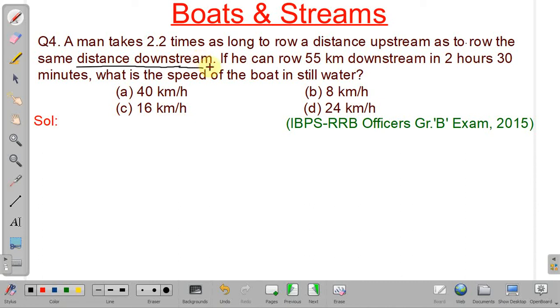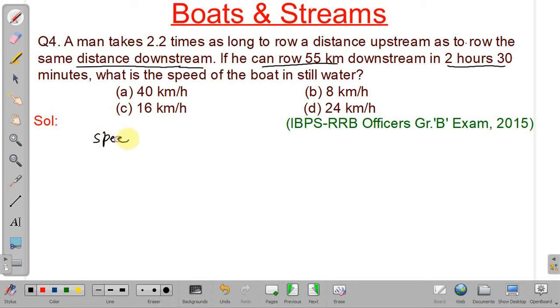So the speed ratio will be the inverse of that, meaning the speed in the upstream direction will be 1 by 2.2 times that of the downstream speed. And it is given he can row 55 km downstream in 2 hours 30 minutes. So we can calculate the downstream speed, and then we have to find the speed of the boat in still water.